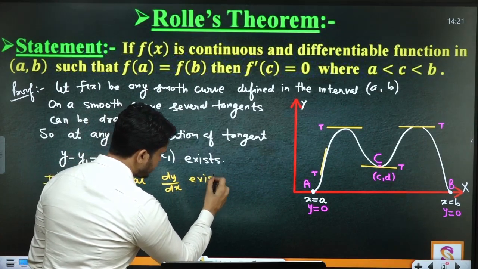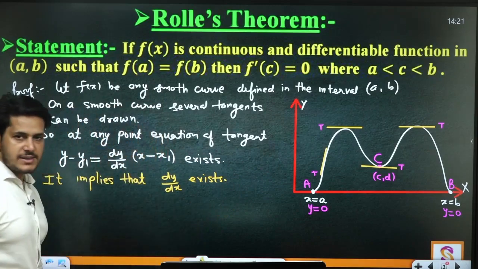exists. It implies that dy by dx exists.